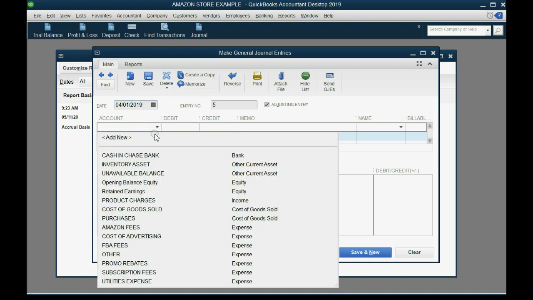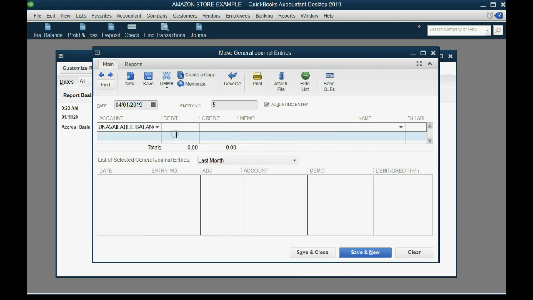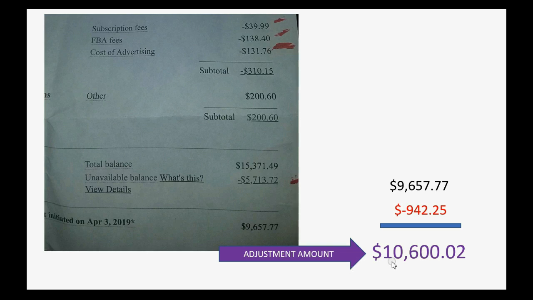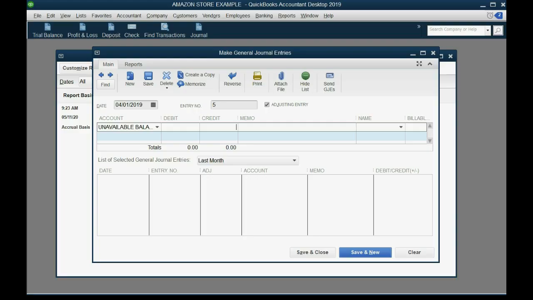Now, the unavailable balance account has a credit balance, so we have to make a debit of this $10,600 to bring it up to the $9,655.77. So this is the amount we adjusted, $10,600.02. So we're going to make a debit.